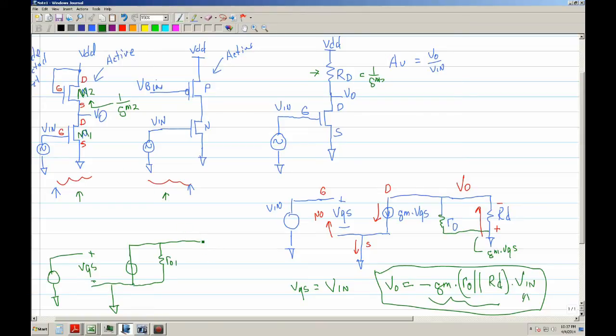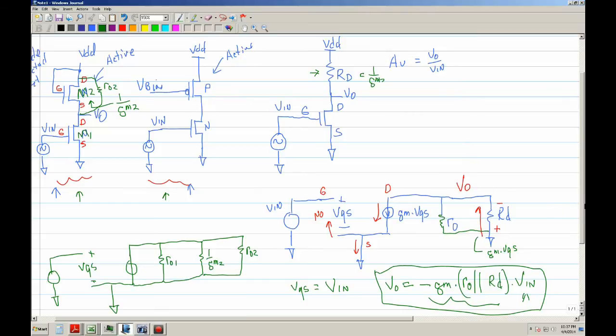And since you're looking into here, it's 1 over gm2, and there's actually a rout, so you can add that as well.